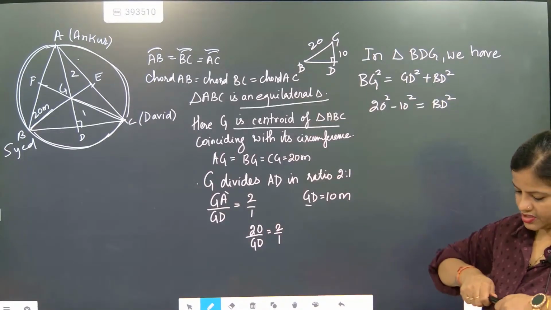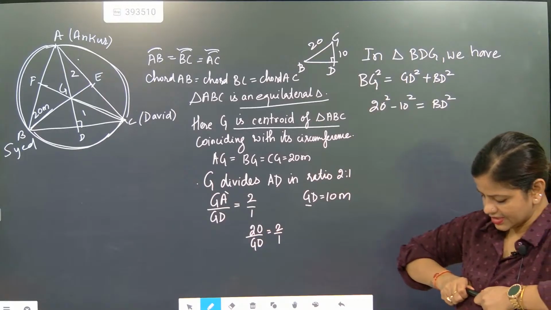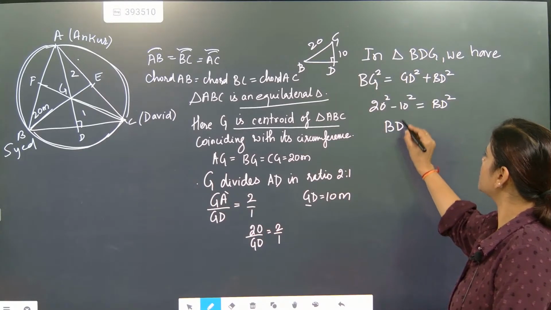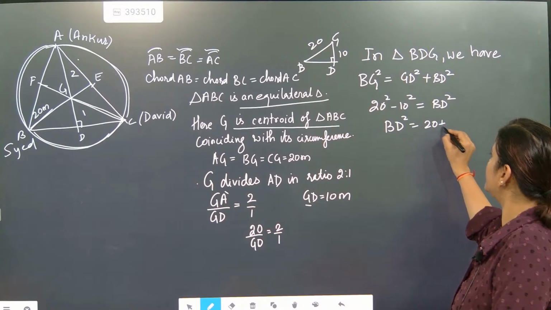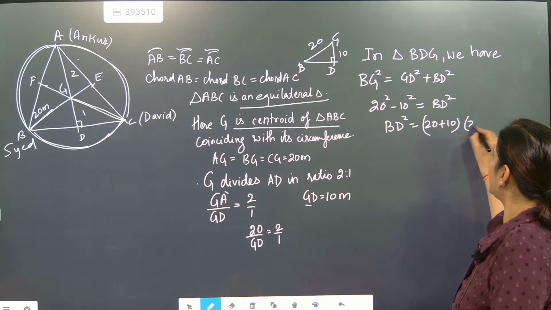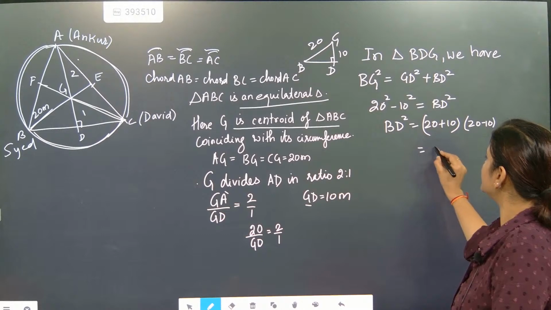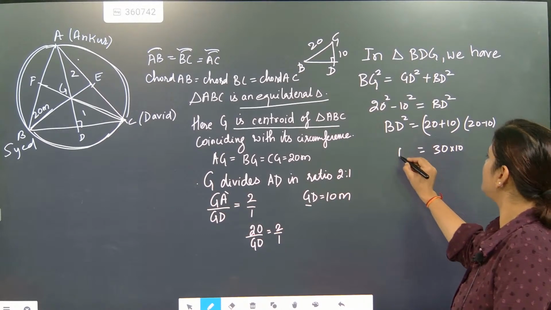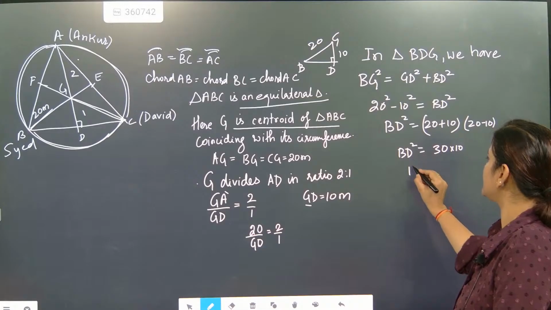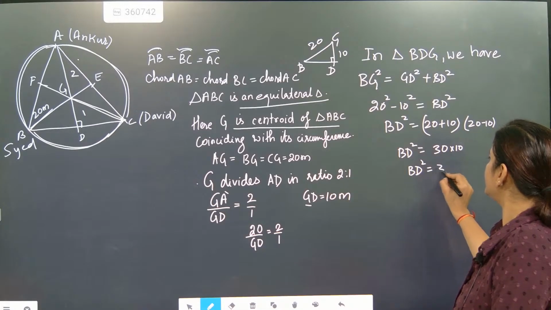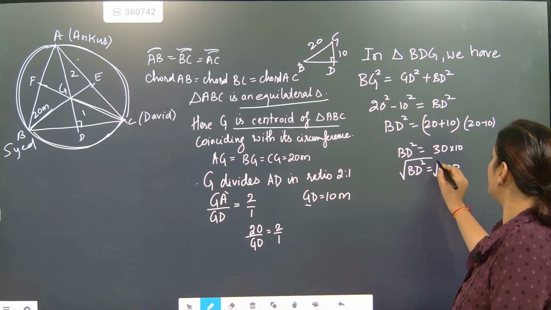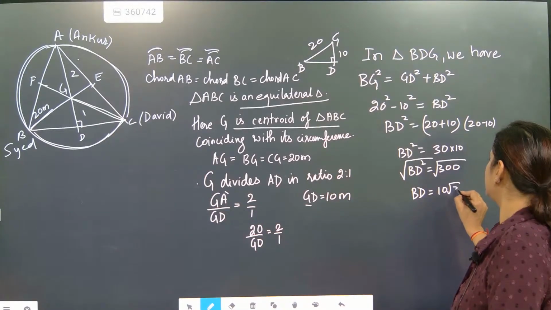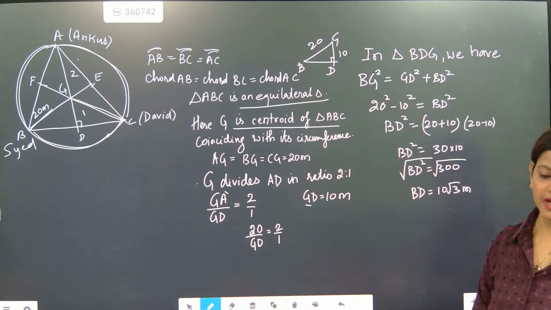So BD square is equal to 20 plus 10 times 20 minus 10. 20 plus 10 is 30 and this part is 10. So BD square is 300. Make root of it. BD is 10 root 3 meter.